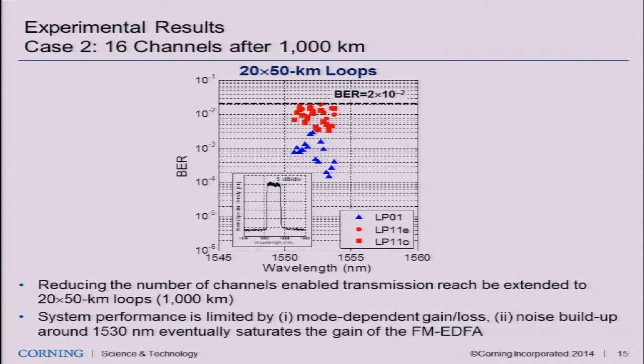Then we narrowed the wavelength band to choose only 16 channels. In this case, we managed to go about 1,000 kilometers, which I believe is the longest distance for few-mode transmission.